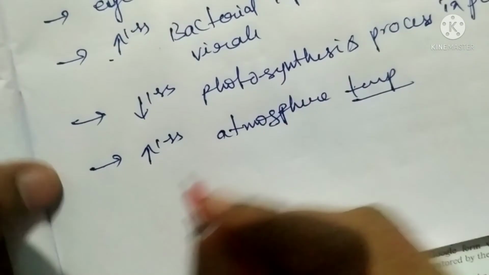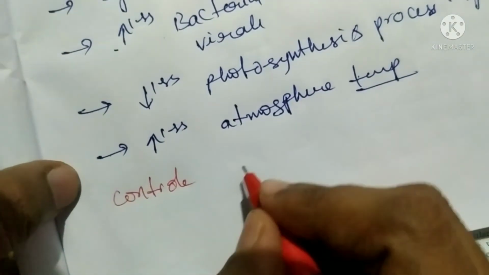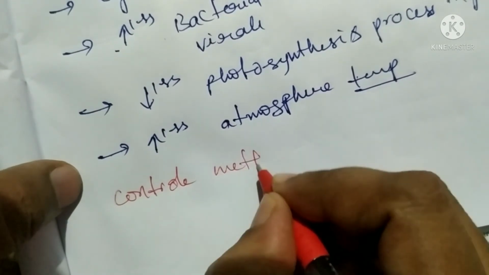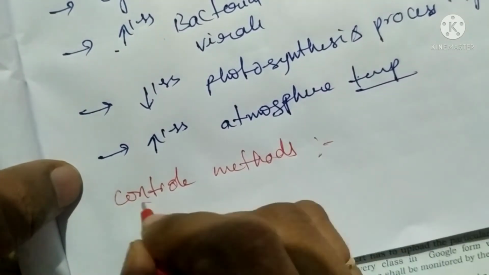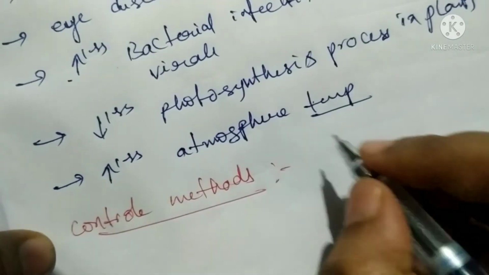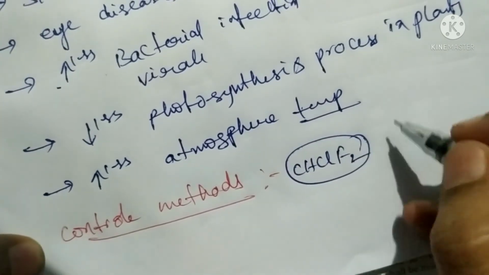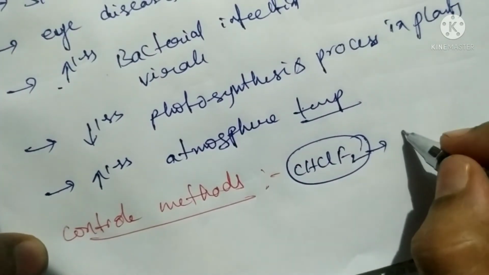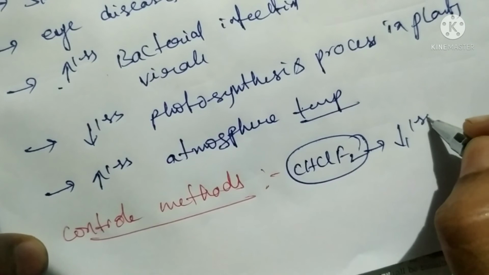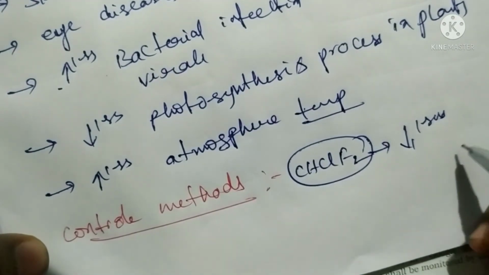So how to control this ozone layer depletion? Control methods: mainly the ozone layer depletion occurs due to freons like chlorofluorocarbons. So these chlorofluorocarbons are decreased by using alternatives instead of refrigerators and AC.